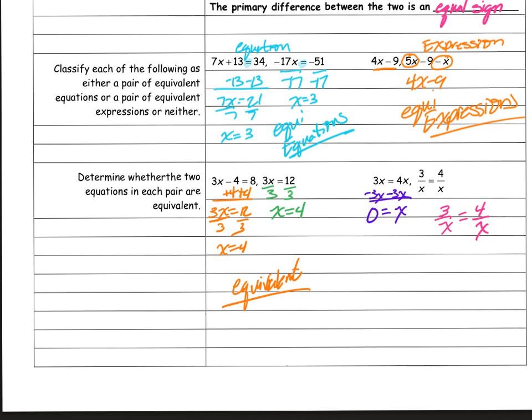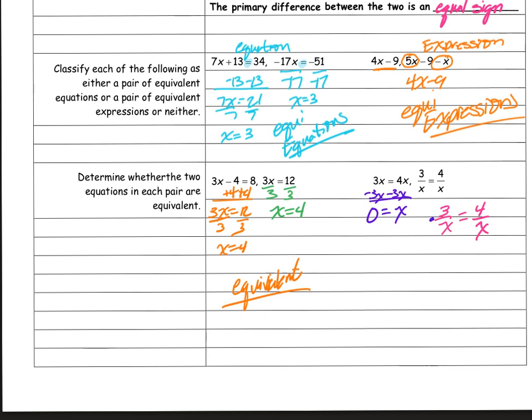So how do I get rid of a fraction? Does anyone know? I'm going to pause the video for a second and have you answer that. You multiply by the reciprocal.